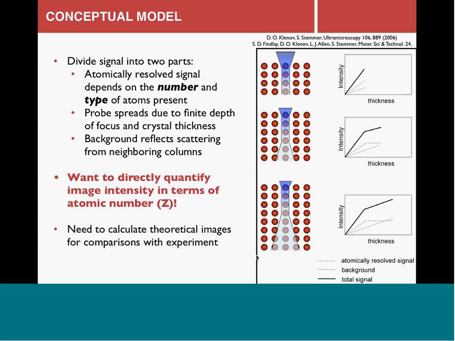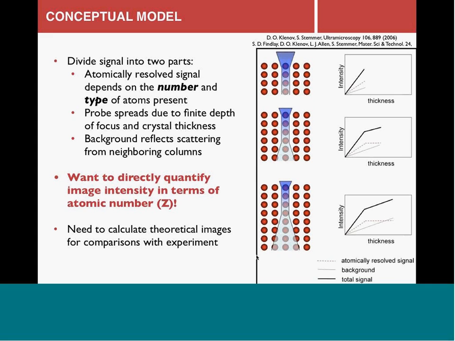As the probe continues to propagate through the material, it begins to see other atoms surrounding it, and as a result, the content of the signal is more just background. It doesn't contain any localized information. It's all spread out. We can get information about a certain depth, say the first four in this case. This is all exaggerated, but in this portion we start to get signal from other columns within our images.